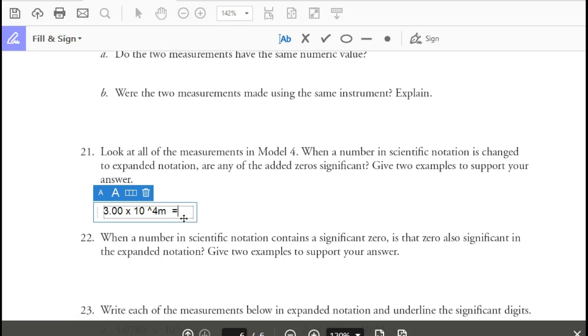And then that was equivalent to 30,000. It says, are any of the added zeros significant in expanded form? So there's actually less significant figures here. So no. The scientific notation has more significant figures than the expanded notation, so that's a no.